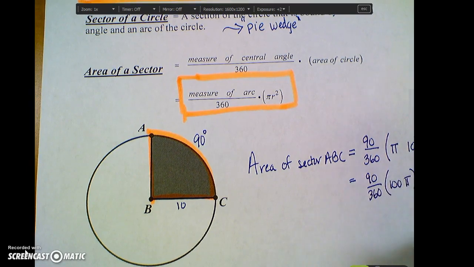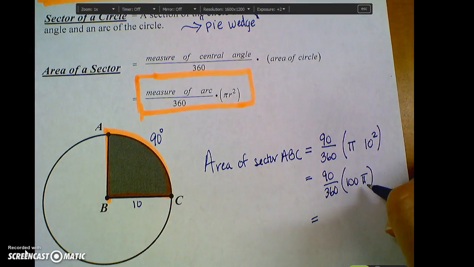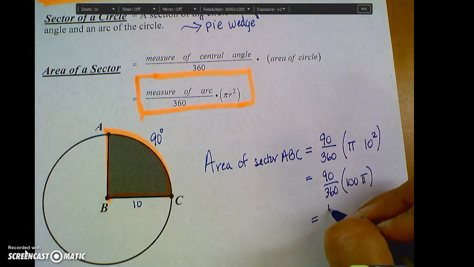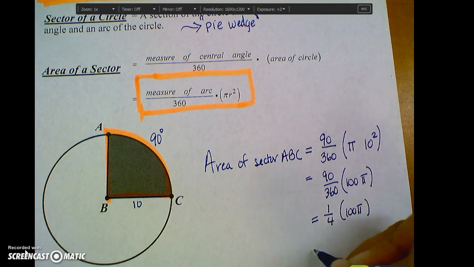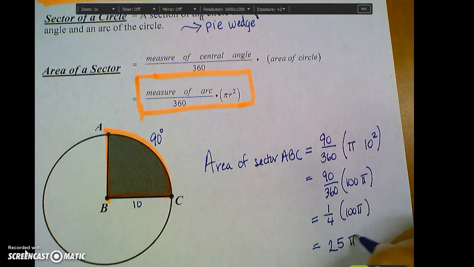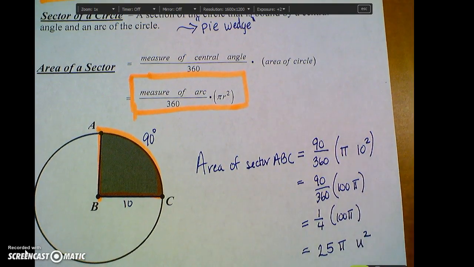Most of the time, you're going to leave your answer in terms of pi, meaning you won't substitute 3.14 or 22/7 for pi, you'll just leave it. So this is 1/4 of 100 pi, which is a final answer of 25 pi square units. I don't know if these are centimeters or inches or whatever, so we'd leave it like that.